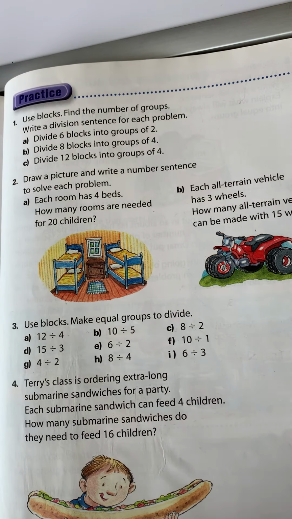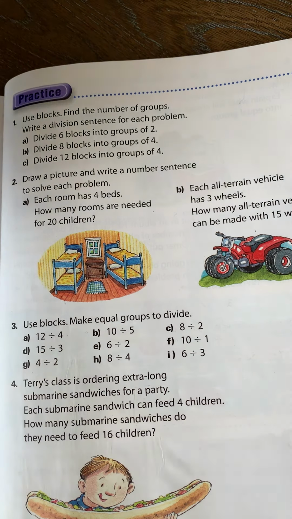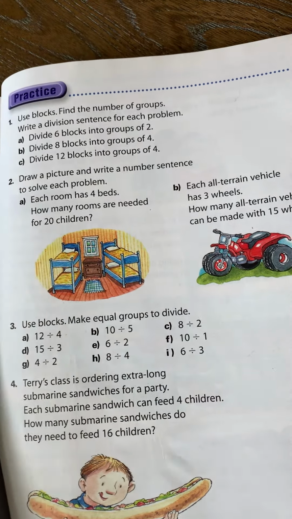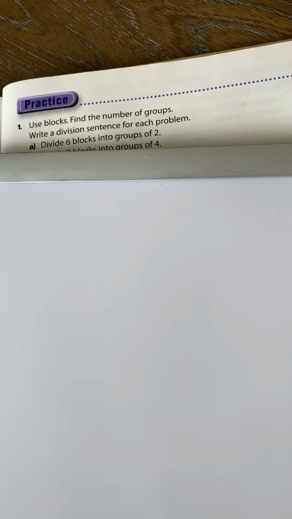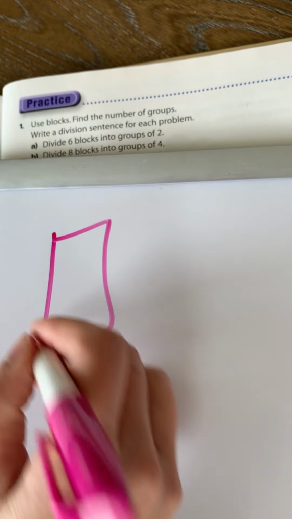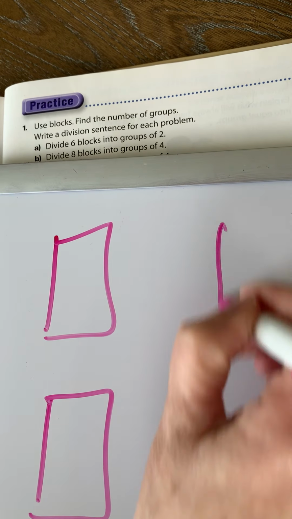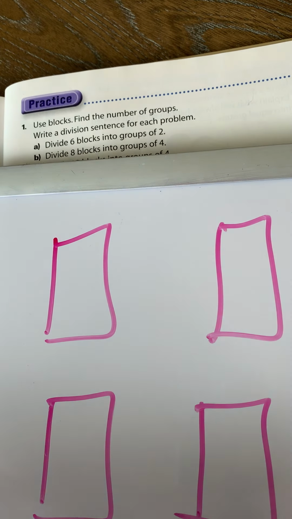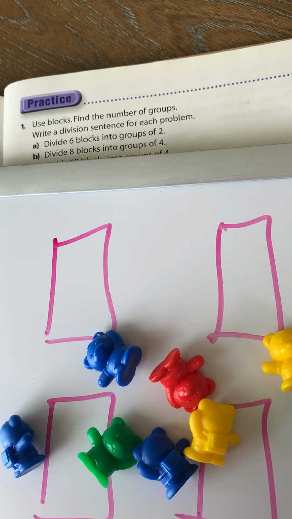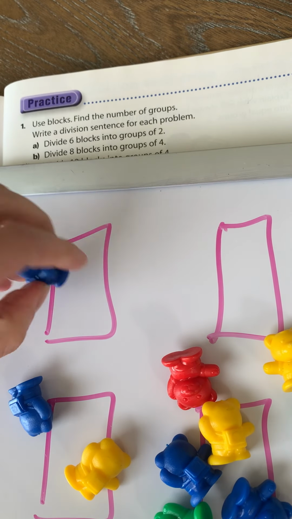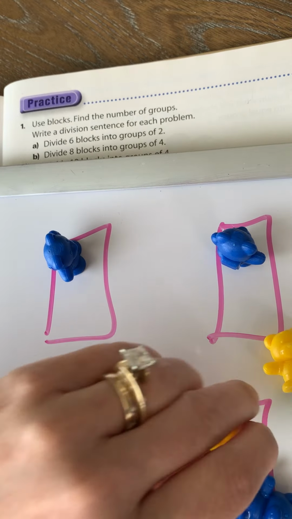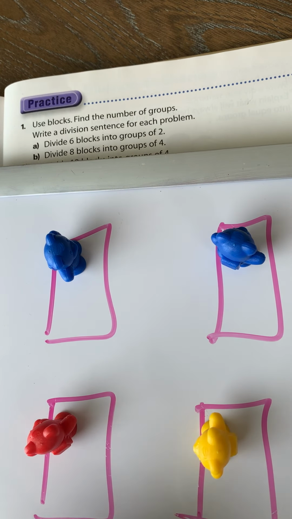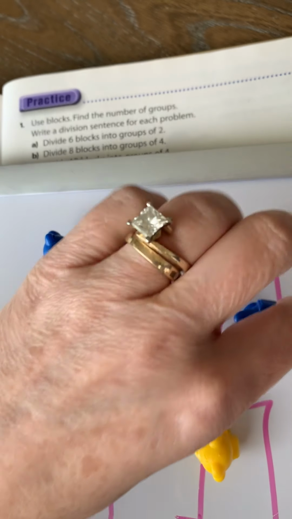So then you'll draw your 4 groups. 1, 2, 3, 4. Take those 12, start splitting them into there, one at a time, until you've used them all up. And then you'll know how many go in each box.